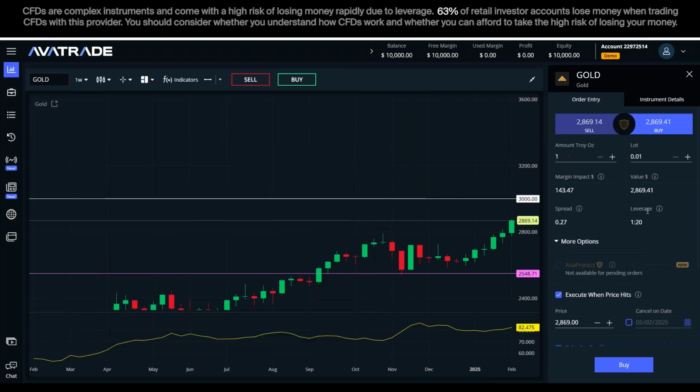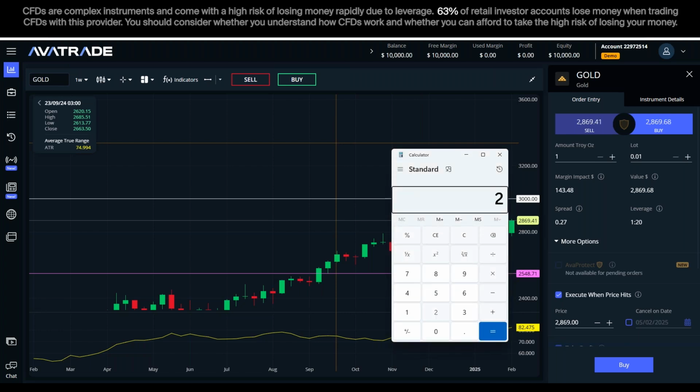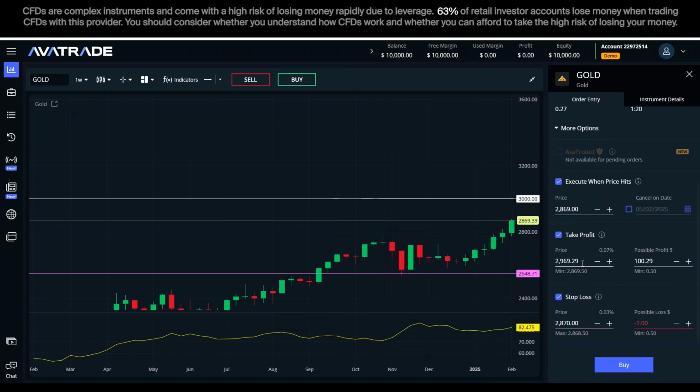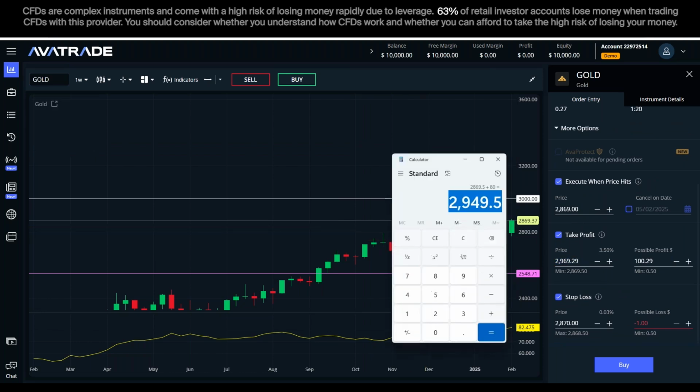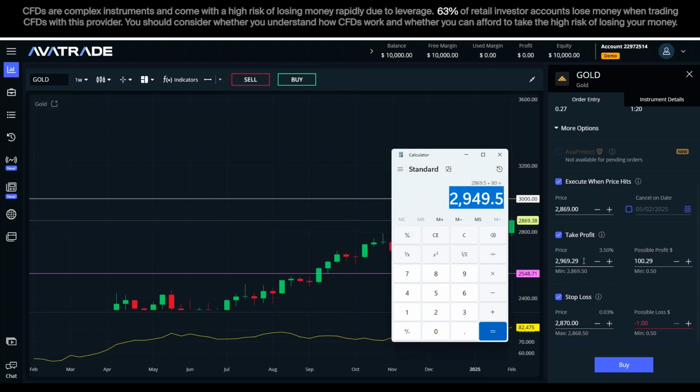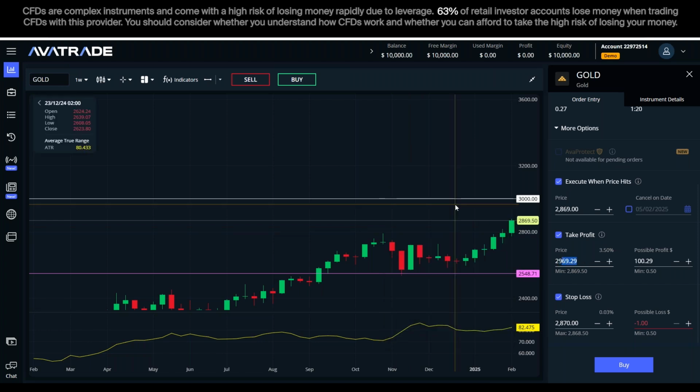Let's try. If I add 80 to the current buy price, let's do it together. Current buy price is 2869.5 plus 80, that brings us to 2949.5. Okay, not quite 3,000, but okay, that's the average movement.